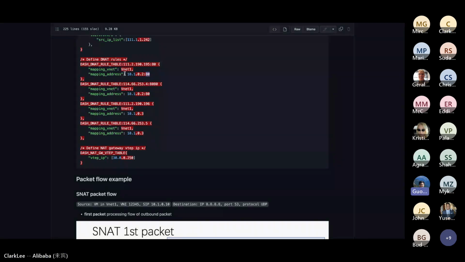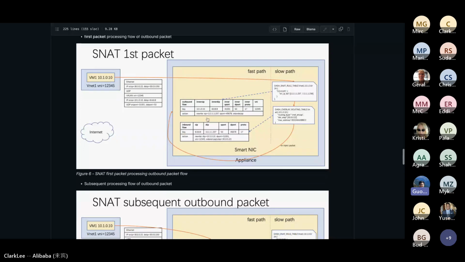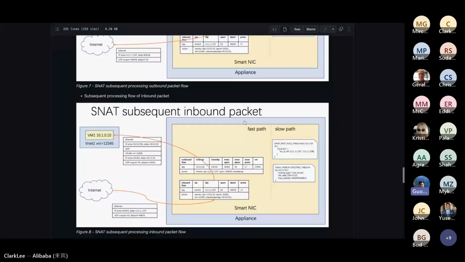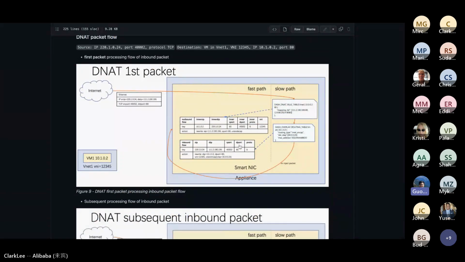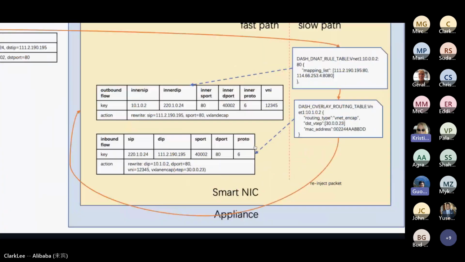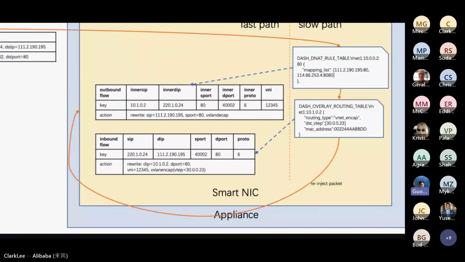No, I'm still trying to understand the picture here. In dash, I think the flow table is bidirectional, right? So I'm trying to understand, is it possible to make your flow also bidirectional?